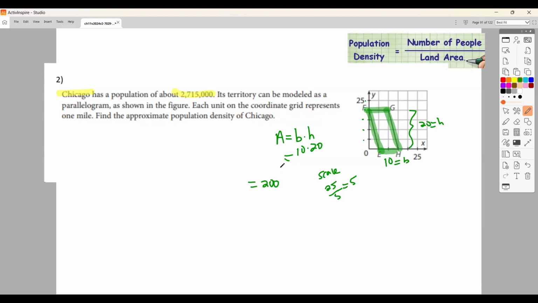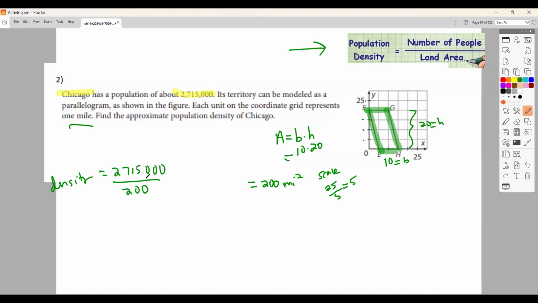200, and it tells you here that each unit represents 1 mile. So 200 square miles is the approximate area for the city of Chicago. So now the population density would be, again, looking at the formula up here, 2,715,000 divided by 200.